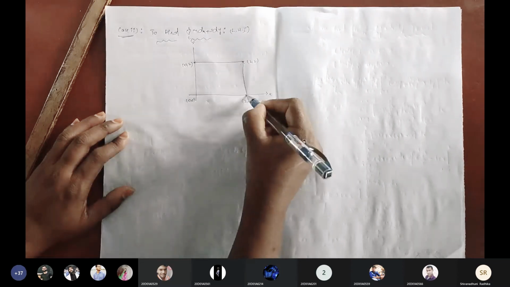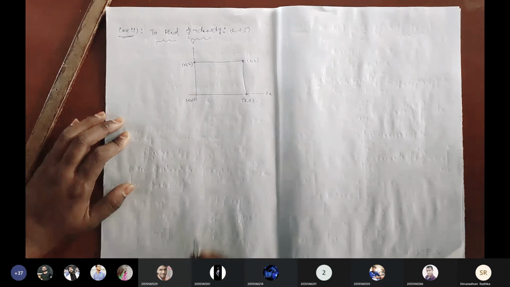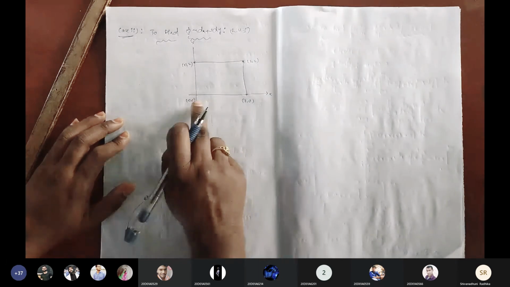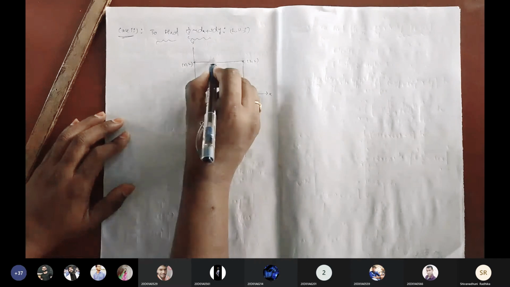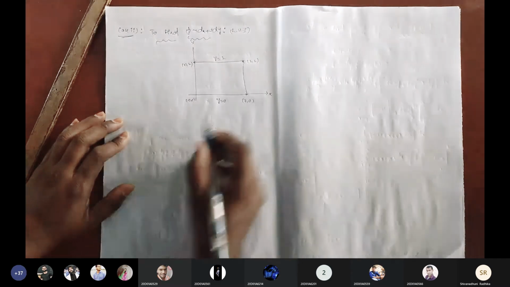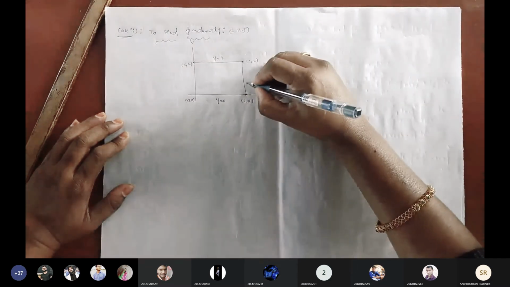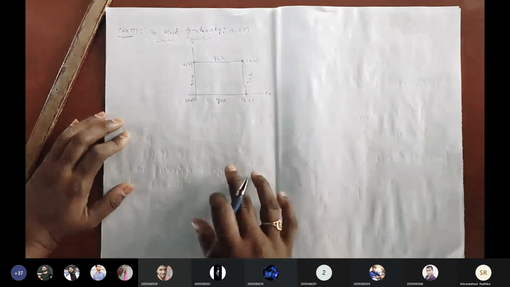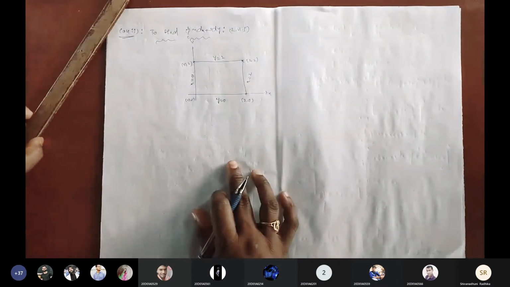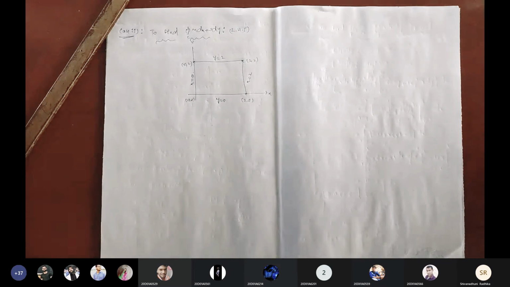On the x-axis y equals 0, and this line is y equals 2, and this is x equals 2, and here it is x equals 0. Now this is the graph. This is the square.